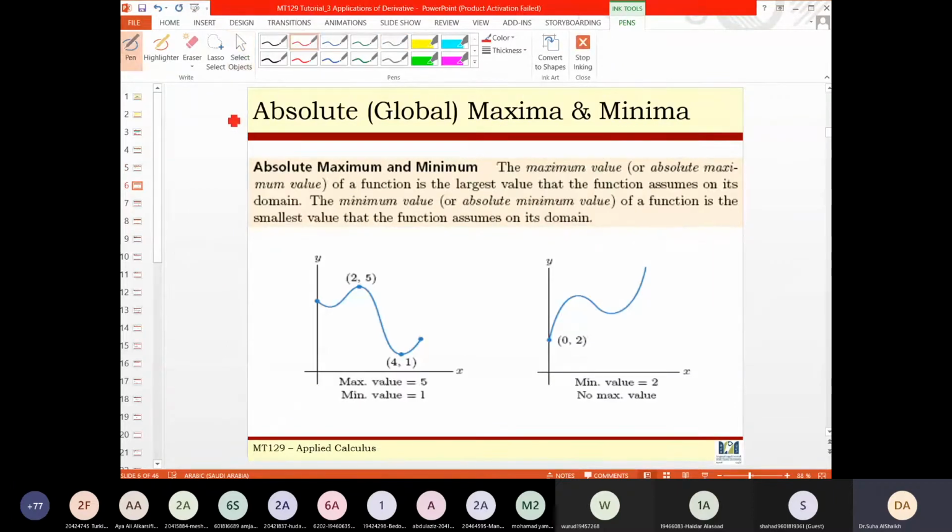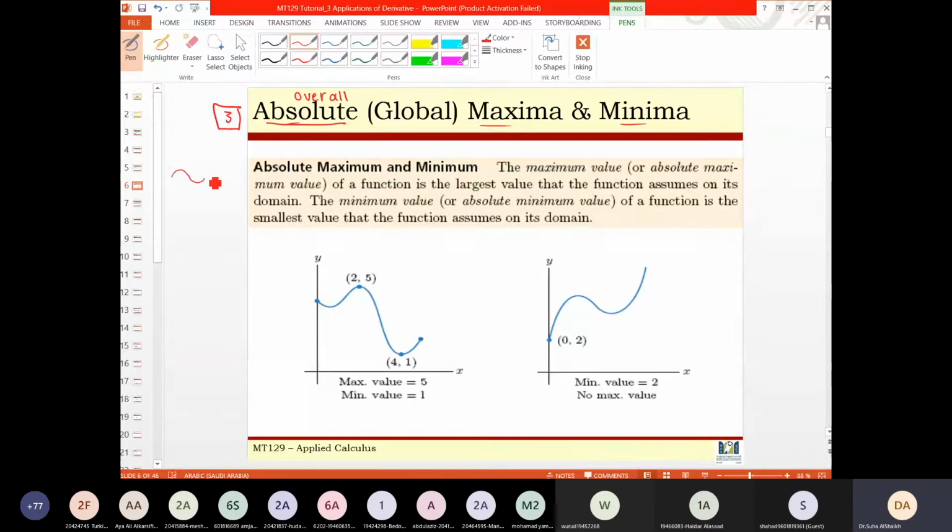Also, we have the third concept, which is the absolute maximum and minimum. What does absolute mean? It means overall. Yeah, that's correct. In other words, we can say it is the overall maximum and minimum.